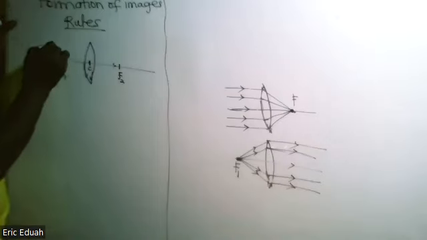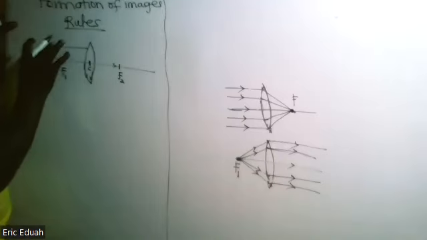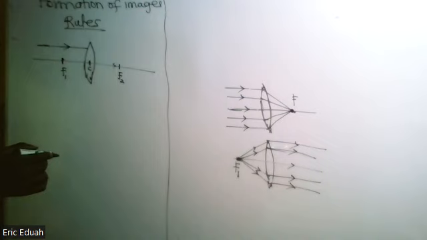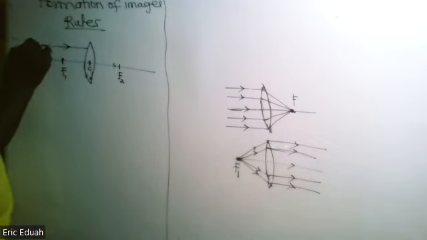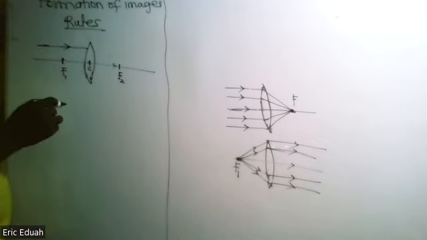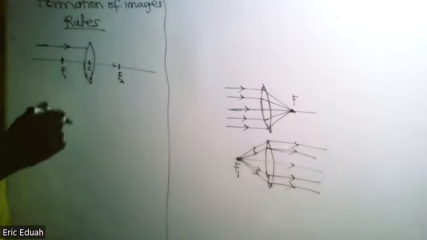A ray of light traveling parallel to the principal axis, after refraction, what happens?